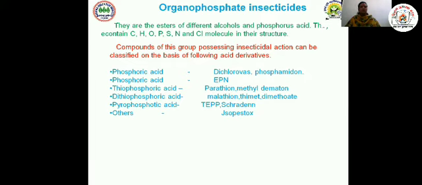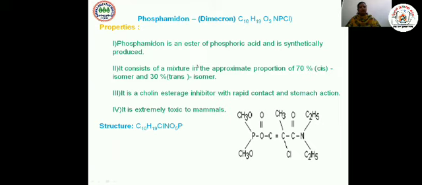Compounds from this group possessing insecticidal action can be classified on the basis of the following acid derivatives: phosphoric acid, dichlorvos, phosphamidon; then phosphoric acid EPN; then thiophosphoric acid, parathion, methyl parathion; then dithiophosphoric acid, malathion, thimet, and dimethoate; then pyrophosphoric acid, TEPP, schradan, and others. These are the organophosphate insecticide classification. We are going to learn one by one.